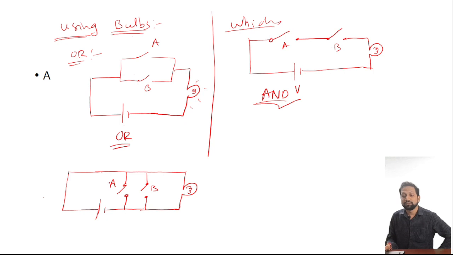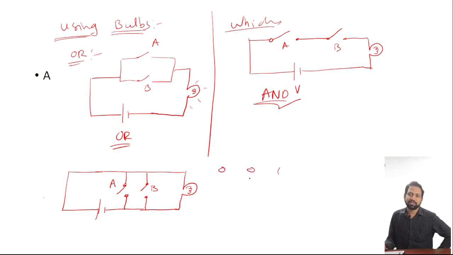Here, for A and B, if any one is high, then the bulb is short circuited. If any one is high, then the output will be low. Or we can say if both are open, or both are low, then the output is high. So if both are low, the output is high.